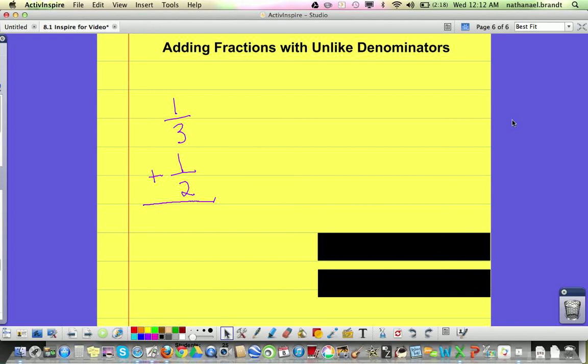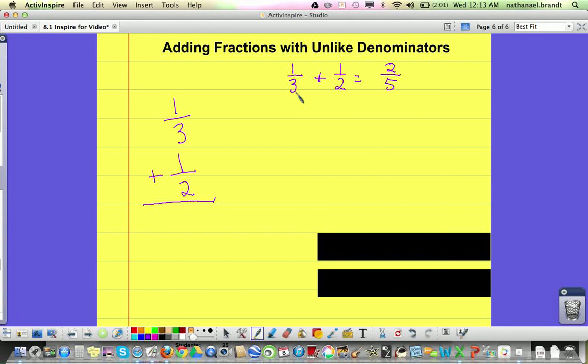So the wrong way to add fractions is by, and for this one, I'm going to do it like this. 1/3 plus 1/2. The common mistake people make, this is the wrong way to do it, is 1 plus 1 is 2, and then 3 plus 2, adding the denominators, 3 plus 2 is 5.